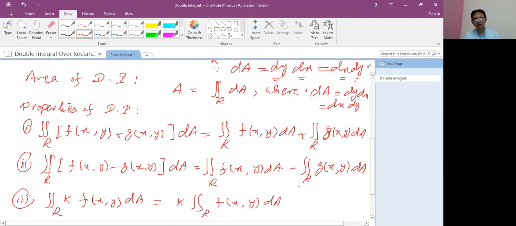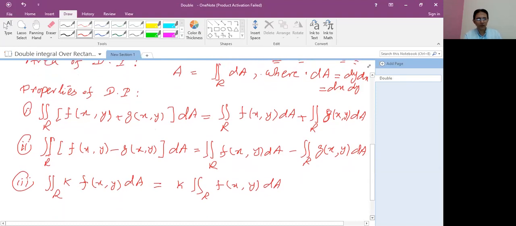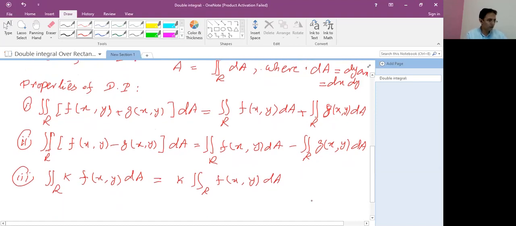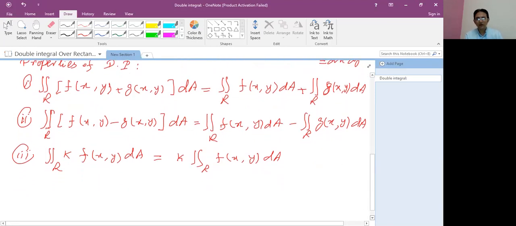So there are three basic properties, student, of the double integral. Now after that, student, we will continue the lecture and define what is partial definite integral.